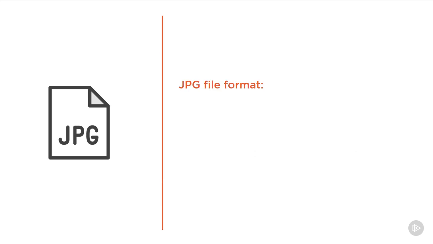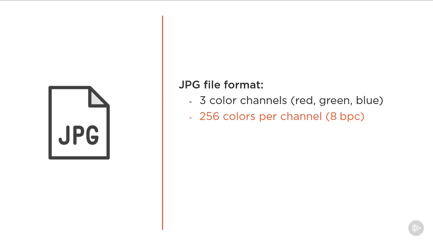Essentially, the JPEG file format can store three color channels. There's a red channel, a green channel, and a blue channel, or RGB. Now, each of those channels has 8-bit color depth. So that's 8 BPC, or 8 bits per channel.